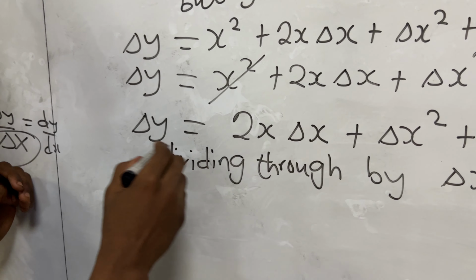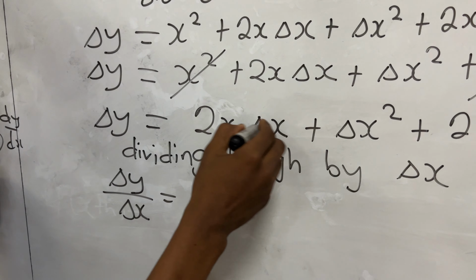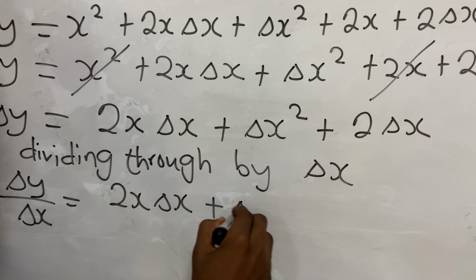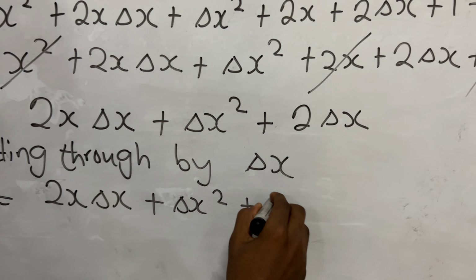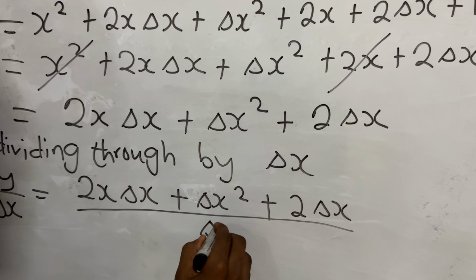When I divide through by change in x, I'll have change in y over change in x equals 2x change in x plus change in x squared plus 2 change in x all over change in x.